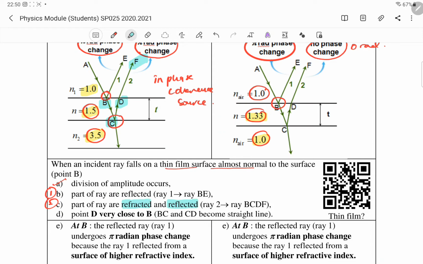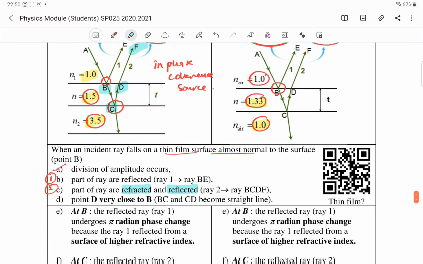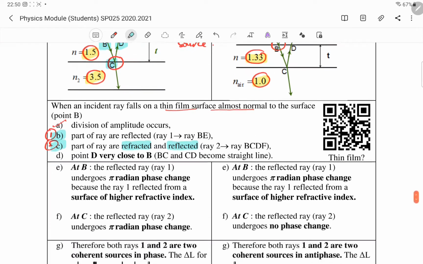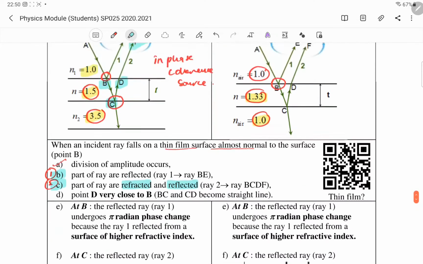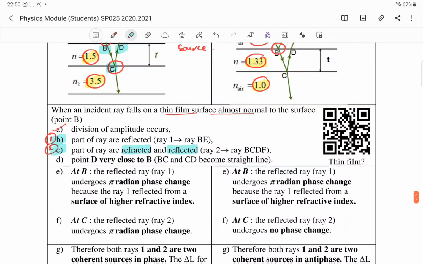Okay, point D is very close to B. B and C become a straight line. So yang penting kat sini kita kena tahu yang dua ni: part of ray 1 reflected, part of ray 2 refracted and reflected. At B, the reflected ray undergoes pi radian phase change because ray 1 is reflected from the surface of higher refractive index.